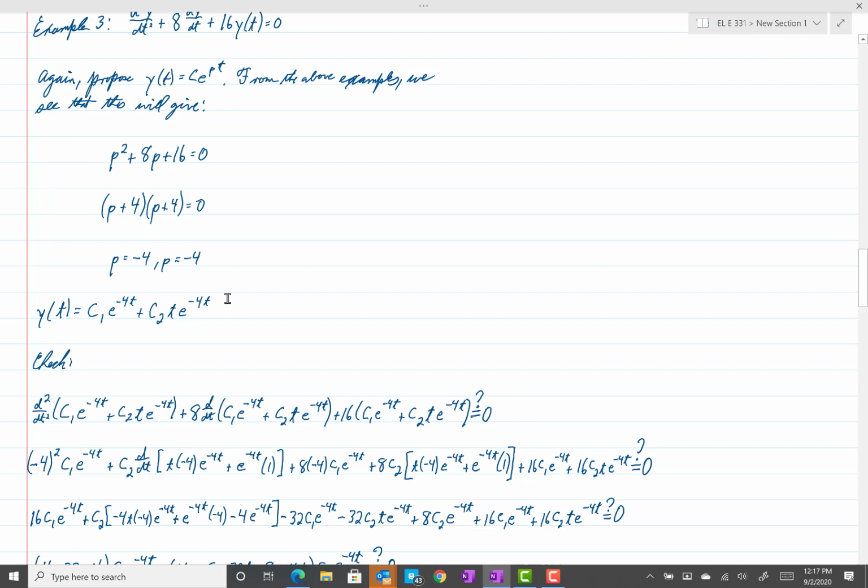But of course, we just have second order here, so this is what you do. So just remember that when you have a repeated root, for one of the solutions, you're going to have to multiply by t.